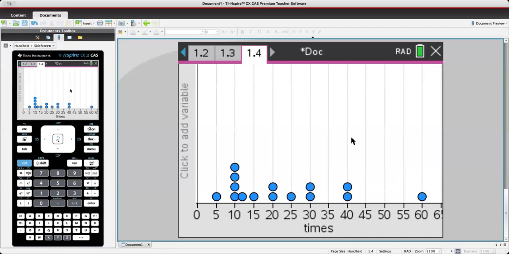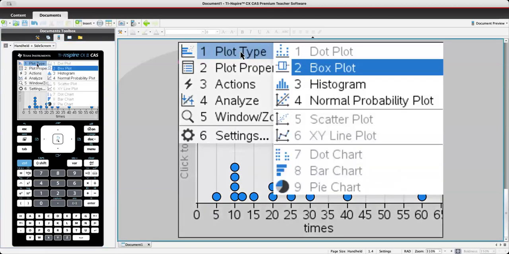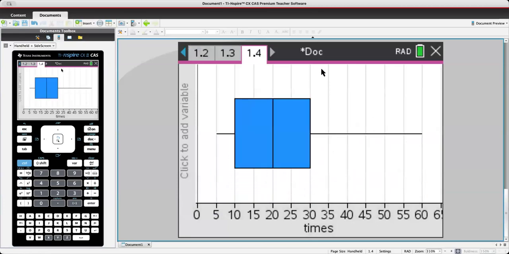If you put the cursor up above the dots and go to menu, plot type, and then choose box plot, which is option number 2, it will give you a box plot. Now take your cursor and move it over.